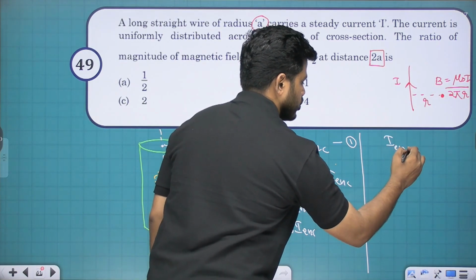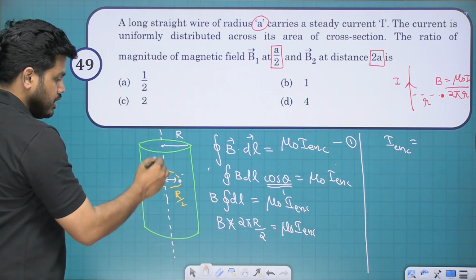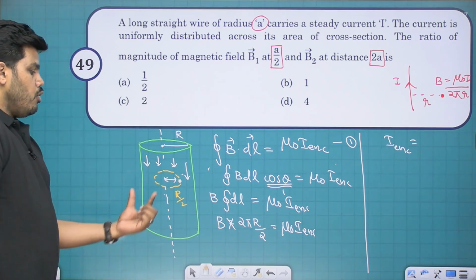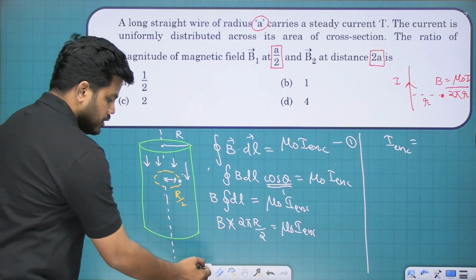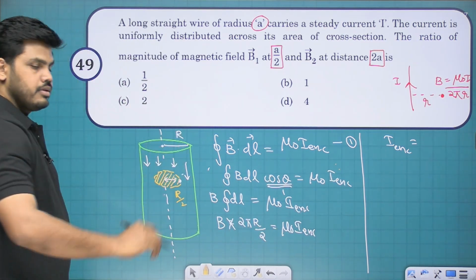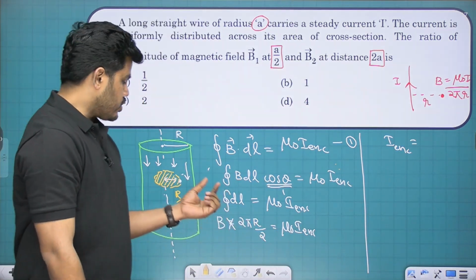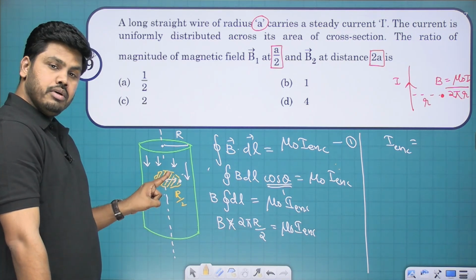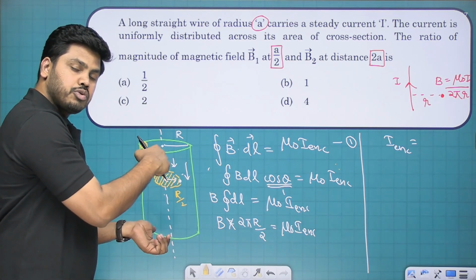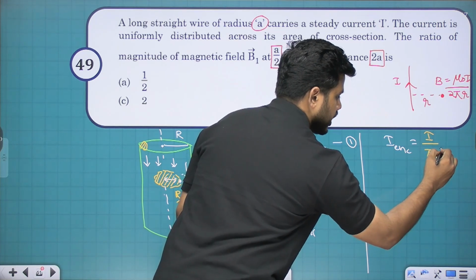How will you find I enclosed? The question says current is uniformly distributed throughout the wire. If it is uniformly distributed, what portion of that current will be flowing through the loop we have imagined? That current enclosed is equal to current per unit cross-sectional area into area of the loop. Current per unit area is total current divided by total cross-sectional area.